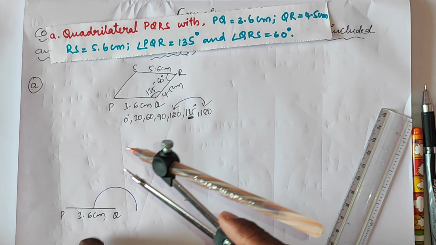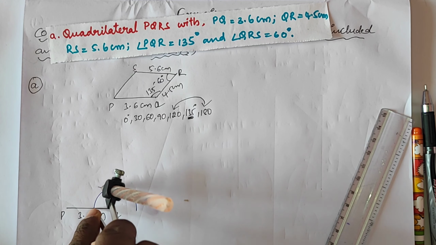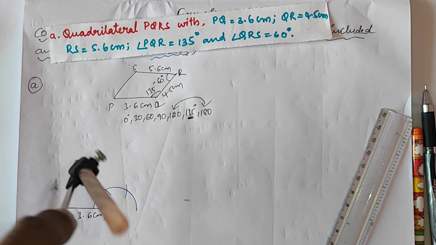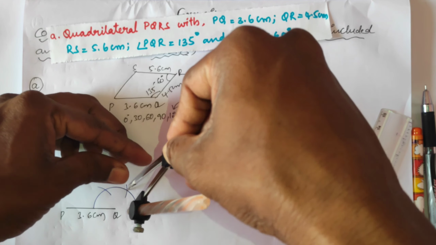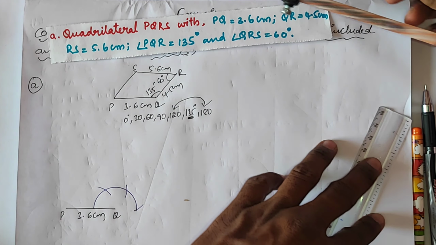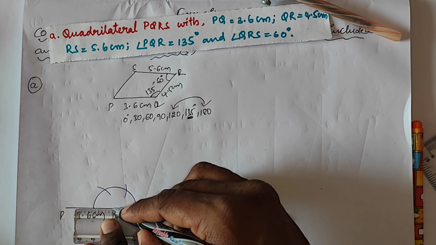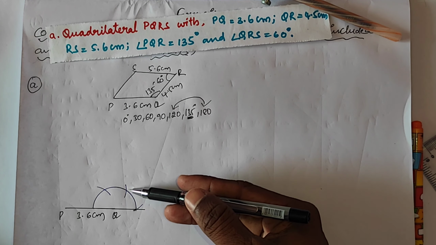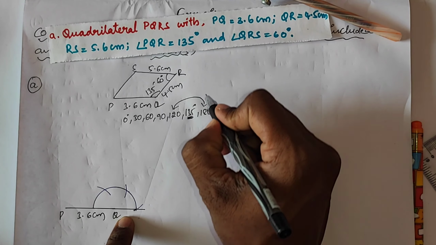Okay, now without changing radius, taking this intersecting point as center, cutting here. This is 60. If you double 60, you will get 120 and if you triple 60 you will get 180, nothing but a straight angle. This is 180.